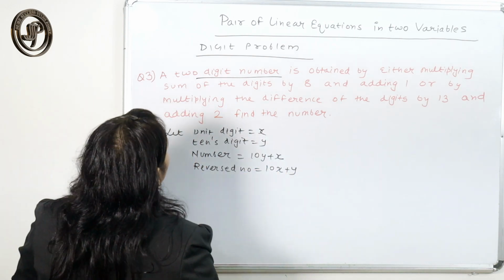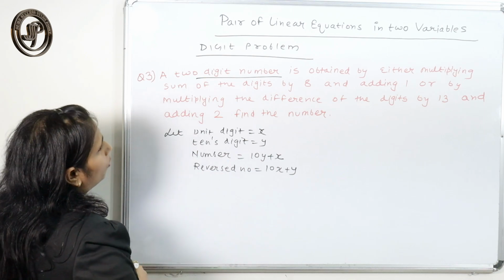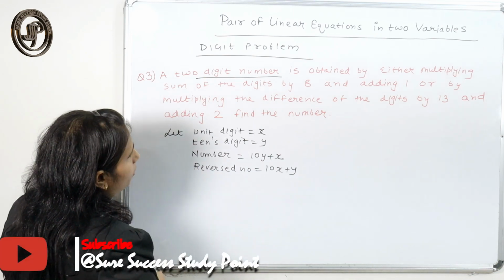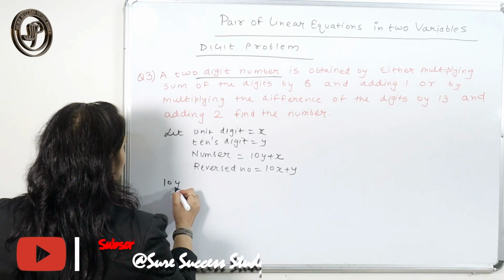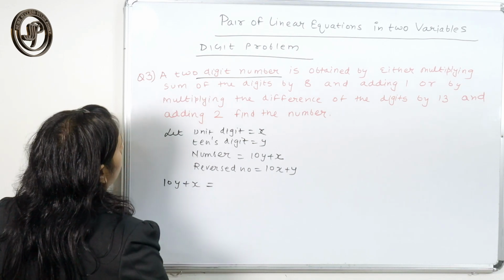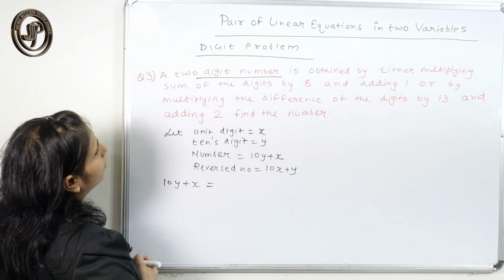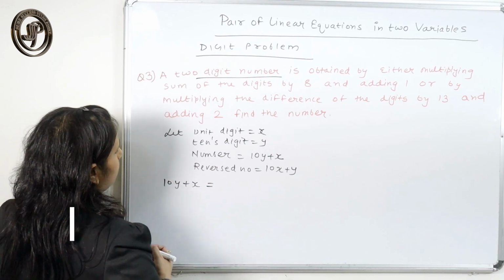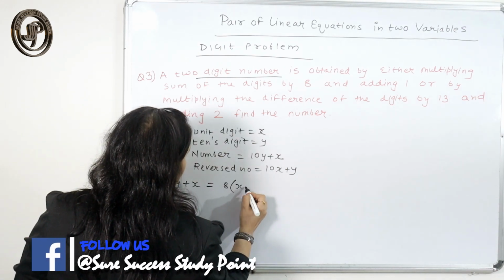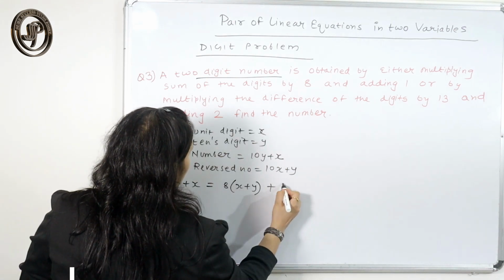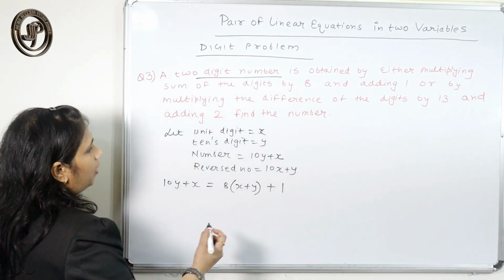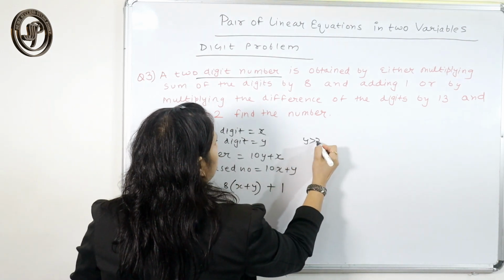Now, what is asked in the question? The 2-digit number is obtained either by multiplying the sum of the digits by 8 and adding 1.